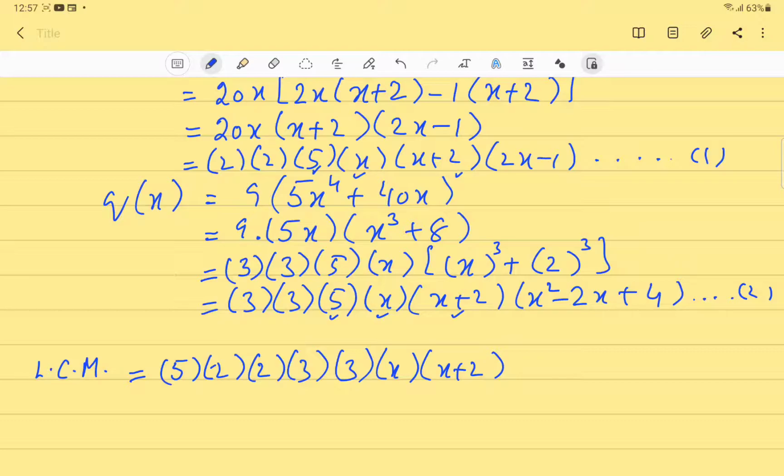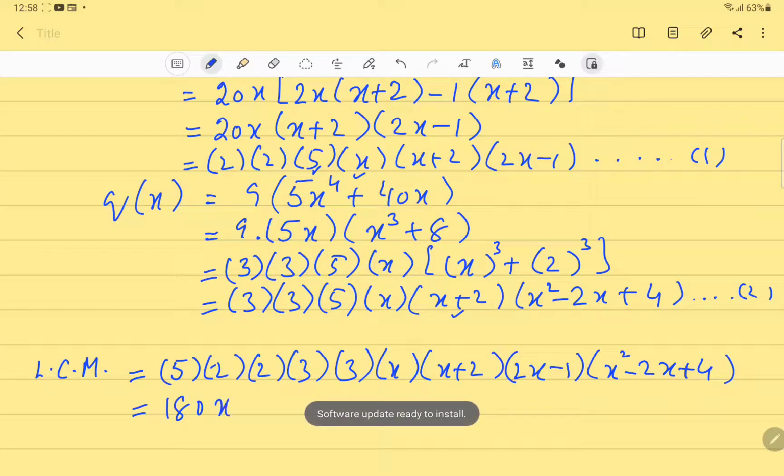And what is left now? 2x minus 1 is there only in the first one, which we will write, and then x squared minus 2x plus 4 is there. Now let us simplify it. Five multiplied by 2 is 10. 10 into 2 is 20. 20 into 3 is 60. 60 into 3 is 180.